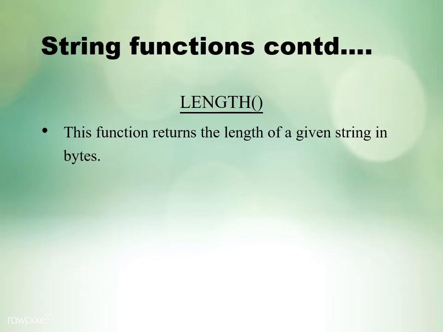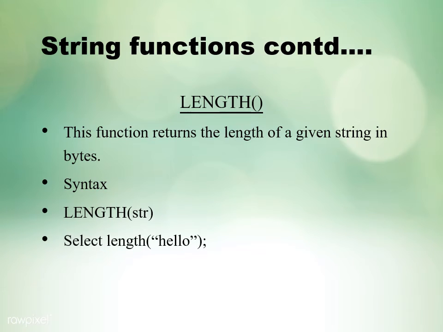String functions continued. Next we will see the length function. This function returns the length of a given string in bytes. As you know, one character occupies 1 byte. This is the syntax: length, then the string value, select length hello. It will find the size in bytes, and as one character occupies 1 byte, the total number of bytes will be 1, 2, 3, 4, 5.